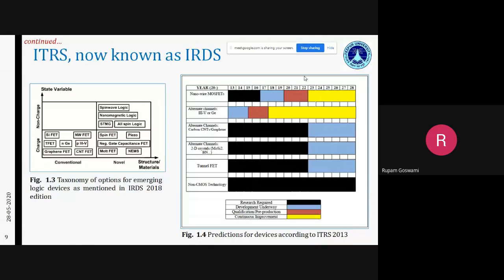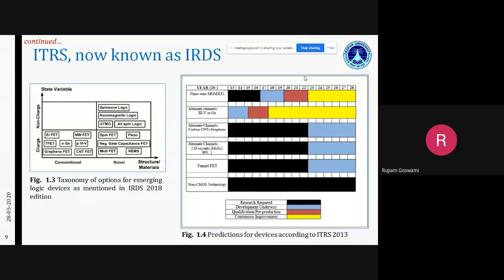They have been categorized along the horizontal axis into conventional and novel, and along the vertical axis into charged and non-charged based devices. So this particular figure 1.3 is important from the perspective of future devices or emerging trends, and also on the shrinking of dimensions.